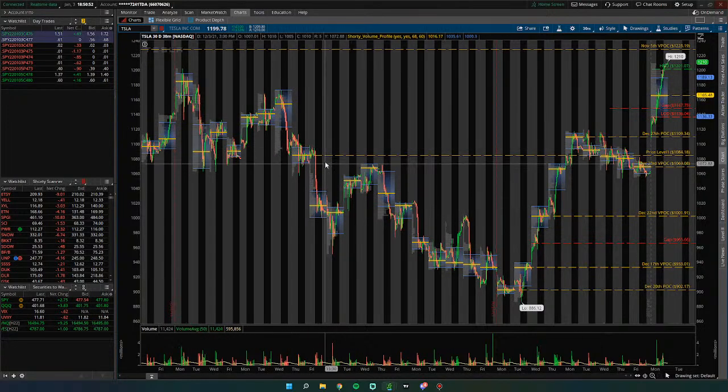So a bunch of people that bought in here are selling here and getting out of the trade break even, which is causing these rejections. We also have buyers here, of course, because we spiked up. But then sellers again back down to this level, selling it again. So this level just keeps getting respected. This was a very powerful VPOC and POC at one point in time. So that's the psychology of it.